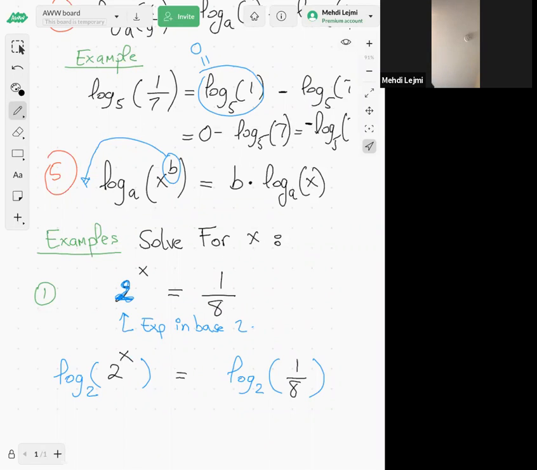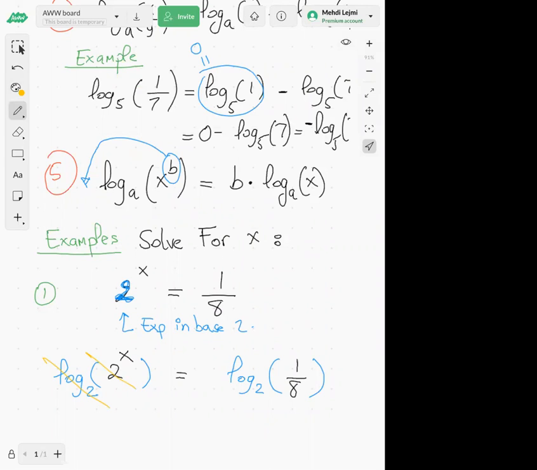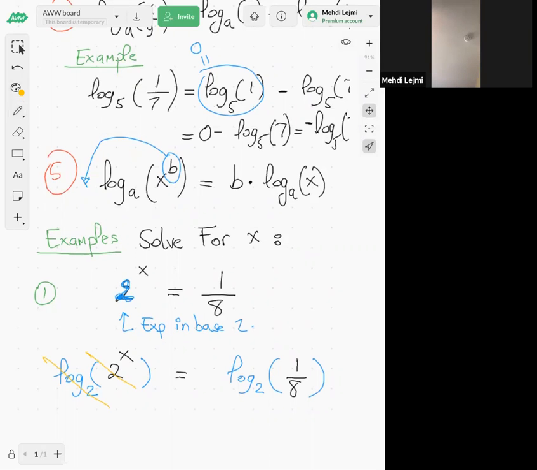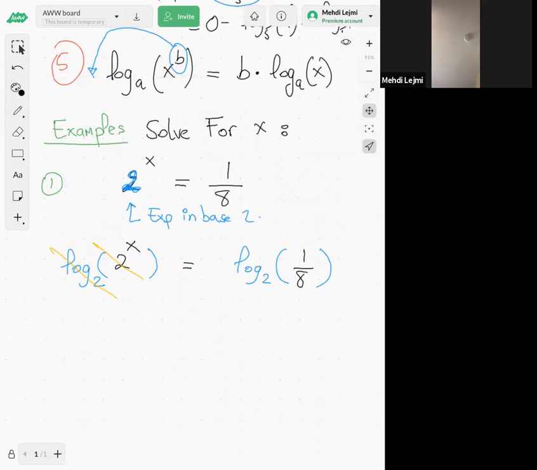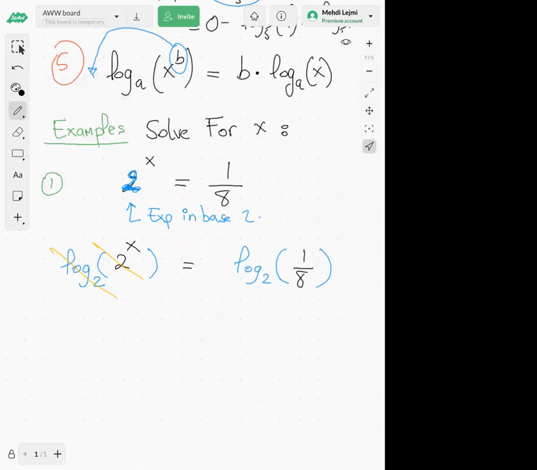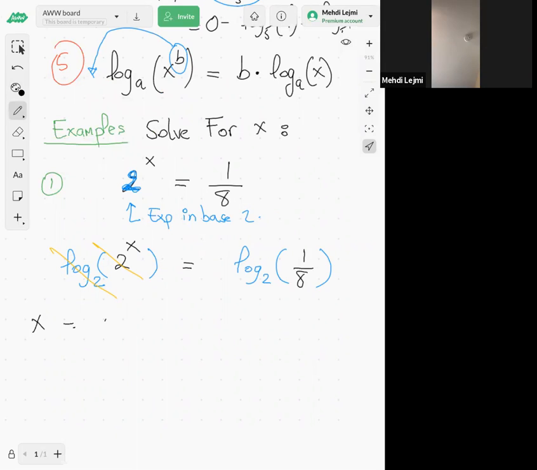Now, we said the log and exponential cancel out. So this log and this exponential cancel out. So now it's just x on the left side, equals log in base 2 of 1/8.